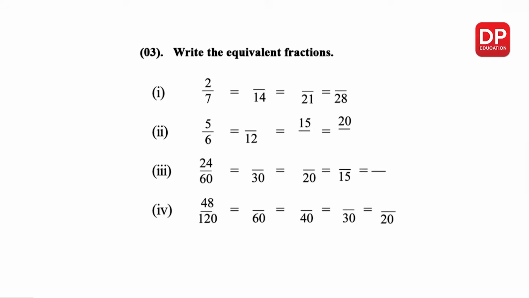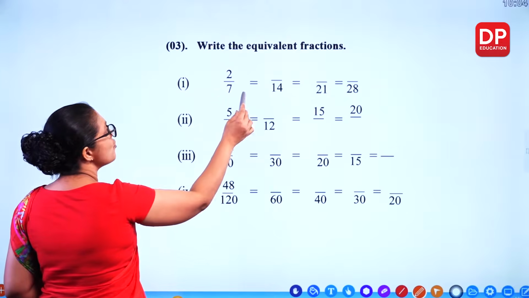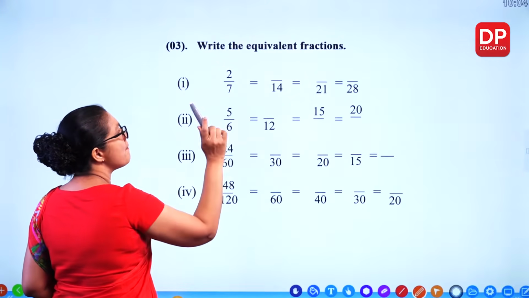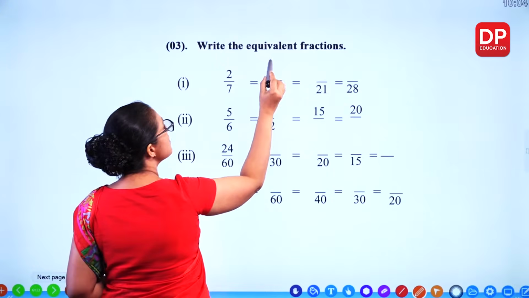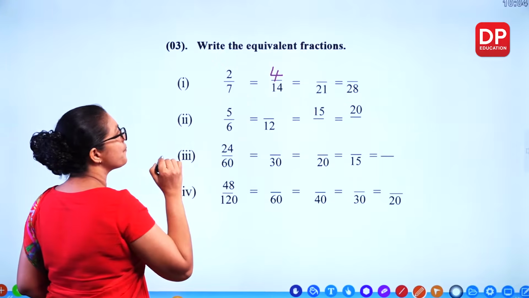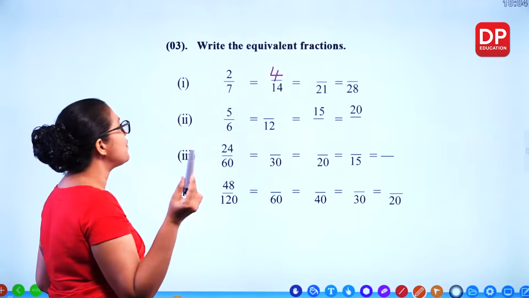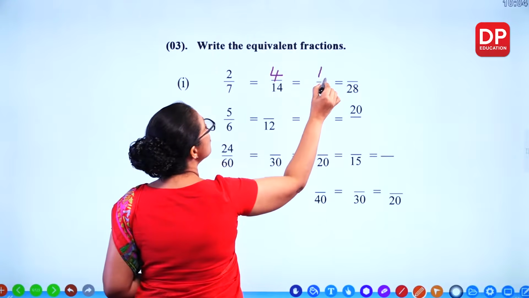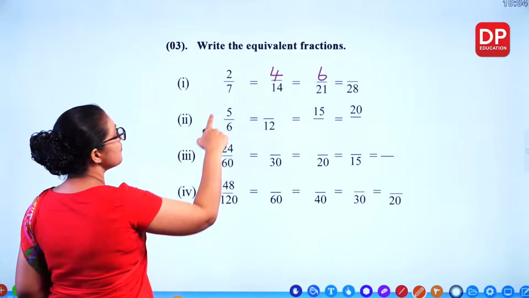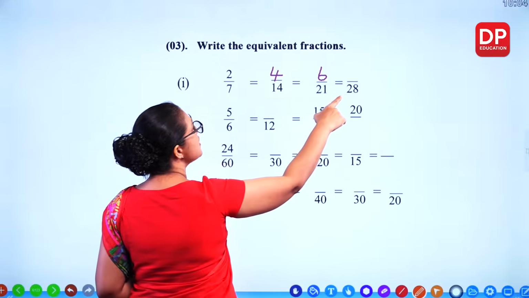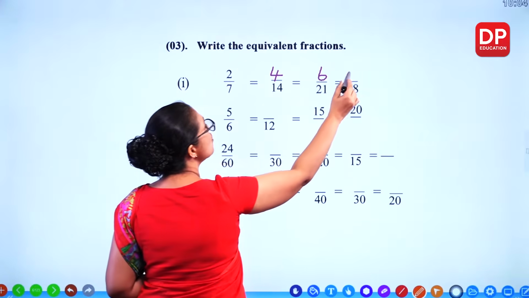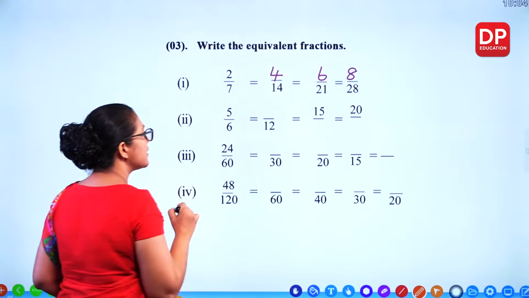Write the equivalent fractions. How do you get 14 from 7? Multiply by 2. So multiply this by 2, you get 4. This to this, 7 to 21, multiply by 3. 3 times 2, 6. 7 to 28, that's multiplied by 4. 4 times 2, you get 8.